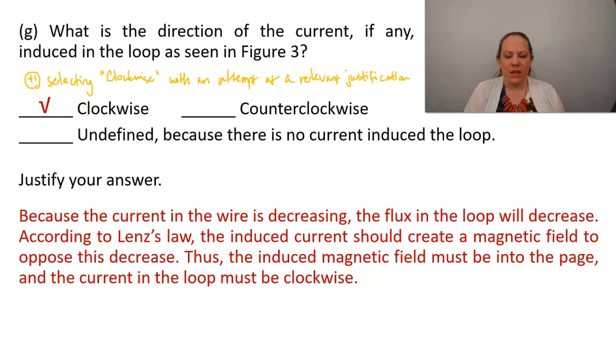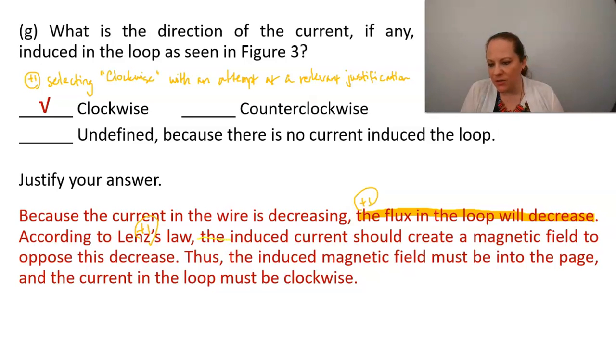We're going to get a point for indicating that the flux inside the loop will decrease. So once again, we're going to +1 this, and we're just going to highlight that. We're indicating that the flux in the loop will decrease. And then our final point is going to be for using Lenz's law right here in the middle to relate the decrease in flux to the clockwise current.